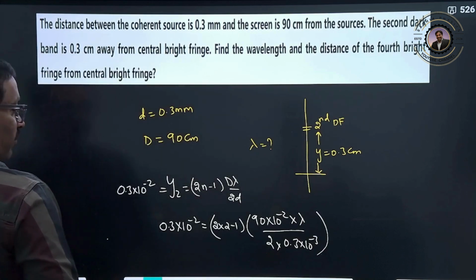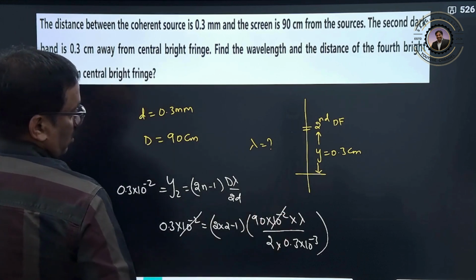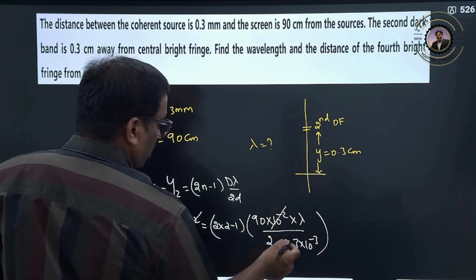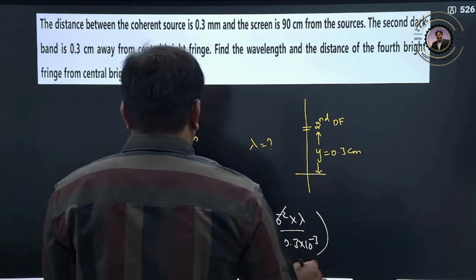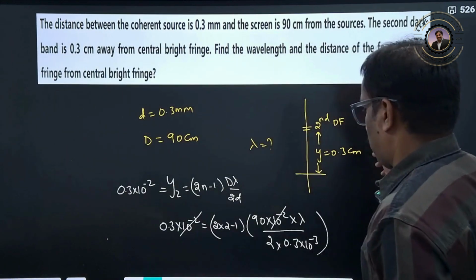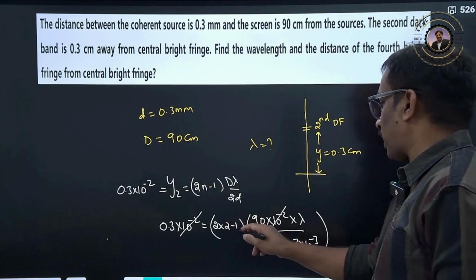So you can simplify it. 10 to the power of minus 2, minus 2 get cancelled out. So this is 3 into 10 to the power of minus 4. So this is 4 minus 1.